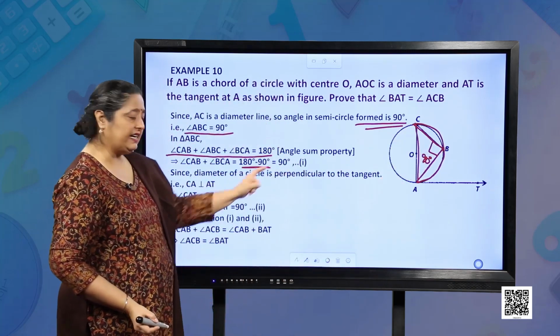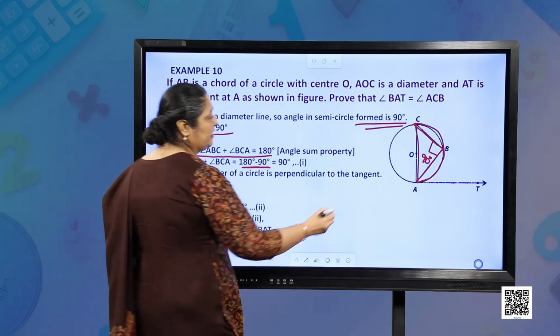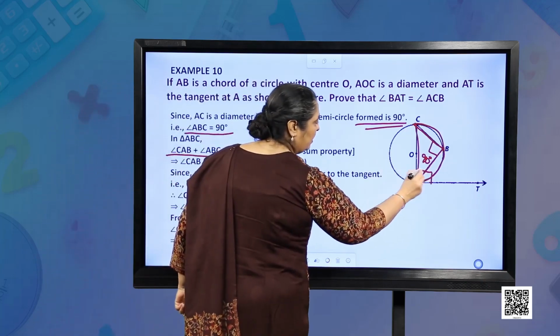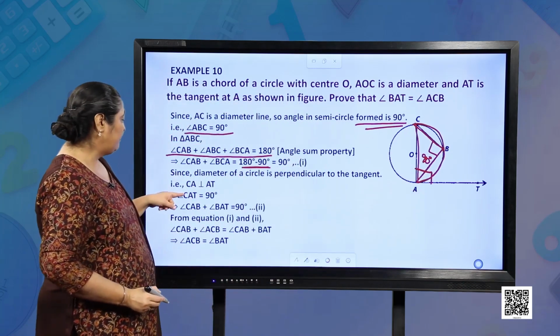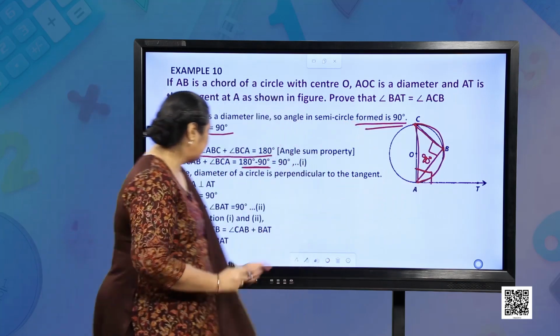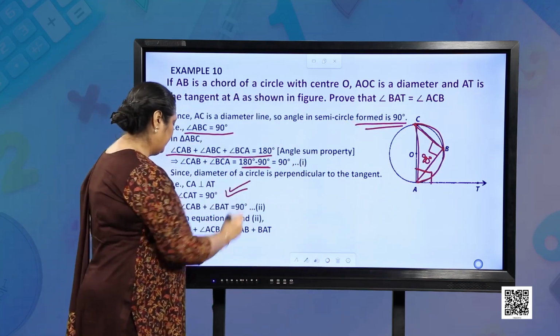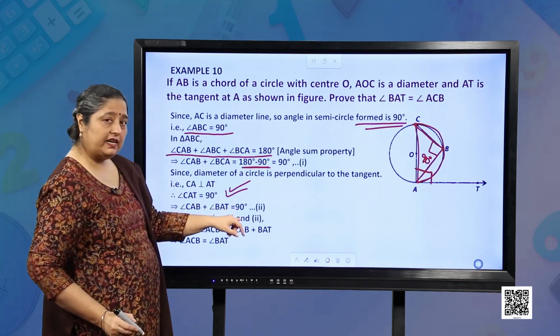So, this is 90. Since the diameter of the circle is perpendicular to the tangent, this complete angle CAT is 90 degrees. Now, angle CAB plus BAT is 90 degrees, right.